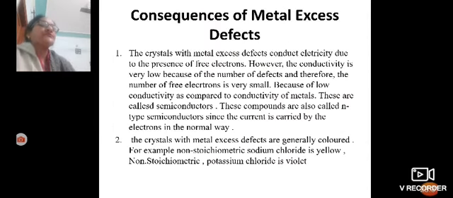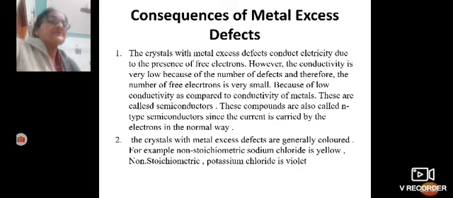Next is the consequences of metal excess defects. Number 1. The crystals with metal excess defects conduct electricity due to the presence of free electrons. However, the conductivity is very low because the number of defects, and therefore the number of free electrons, is very small.